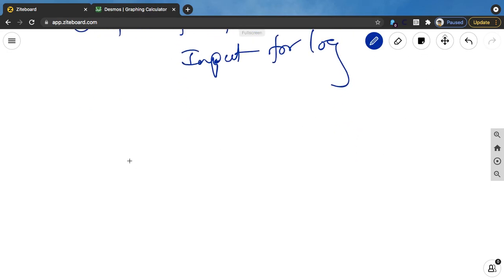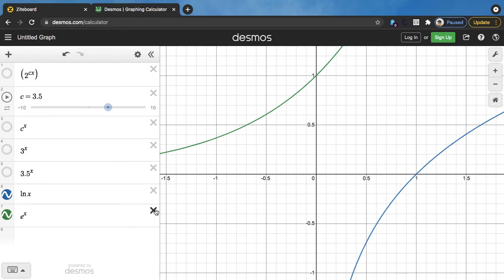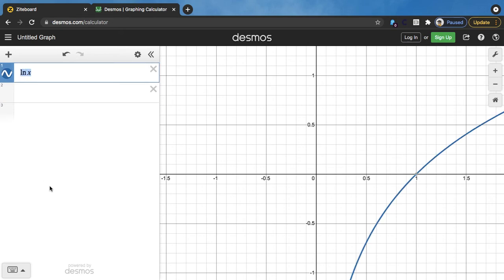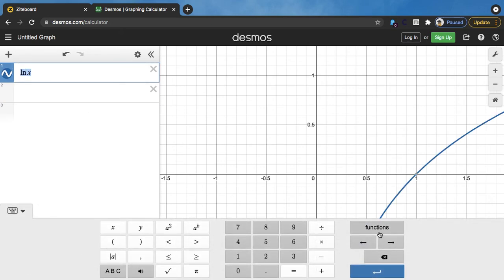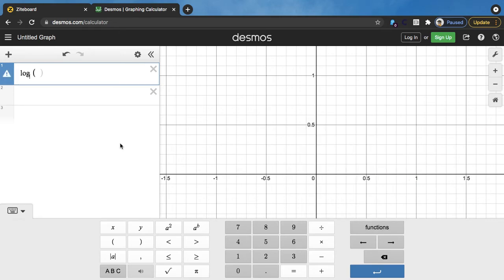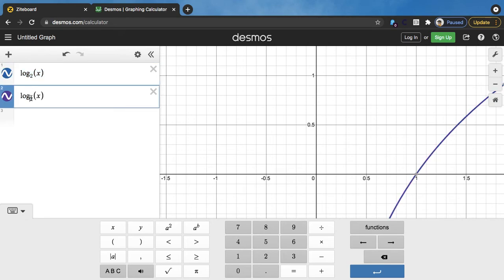Okay. Now let's start changing the base. The way we changed the base for the exponent, we will start changing the base for the logarithm also. We made 2 raised to x, 3 raised to x, and we saw something. So here I'm going to take the bases different and then start. So I'll make it log of x to the base 2 and then log of x to the base 3.